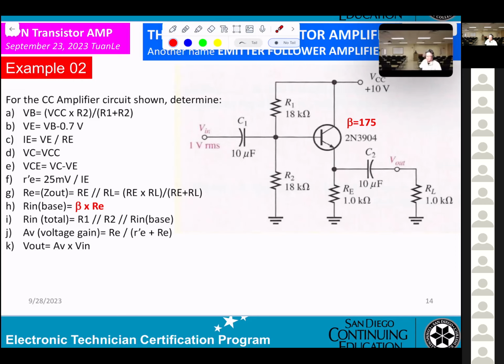Try to understand the bipolar transistor amplifier, and later on you learn the FET. That will be easier for you to understand.